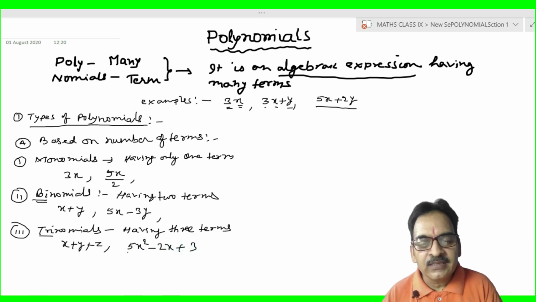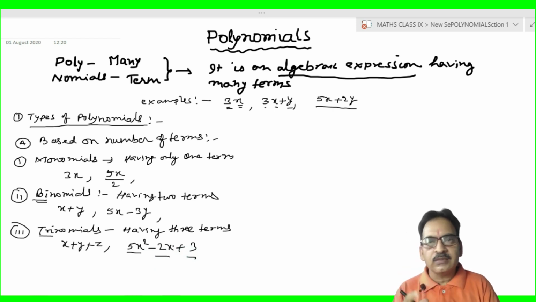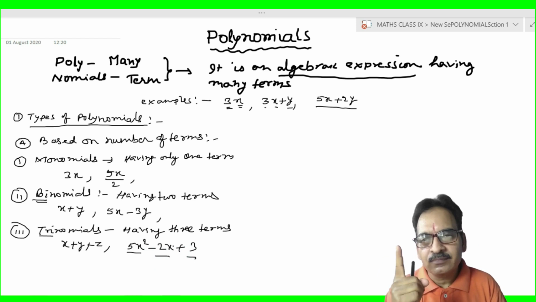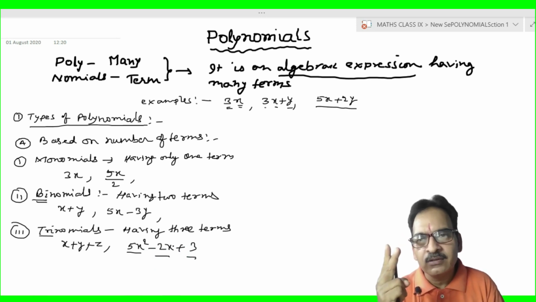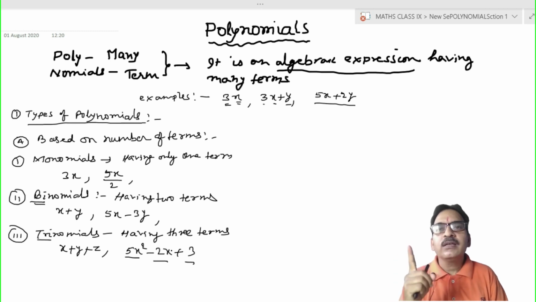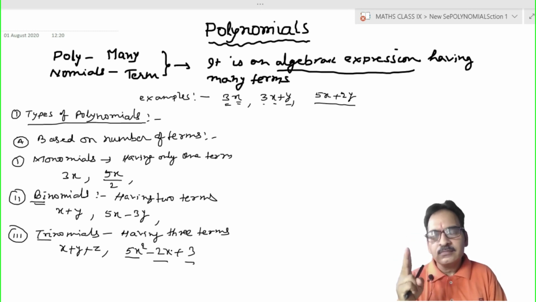Here also this is the first term, this is the second term, this is the third term. So it also has three terms and is called a trinomial. Got it? So one term, monomial; two terms, binomial; three terms, trinomial.